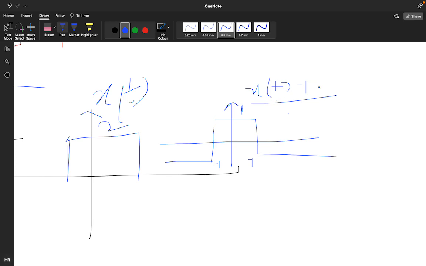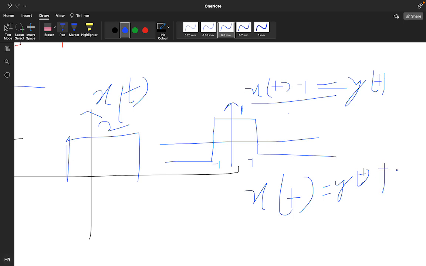If I write this as y of t, then how can we express x of t? x of t is nothing but y of t plus 1.